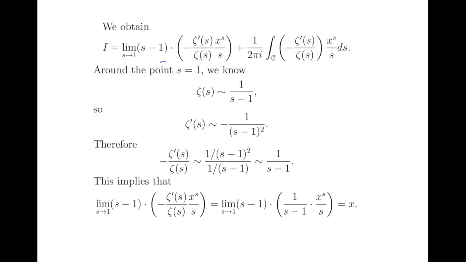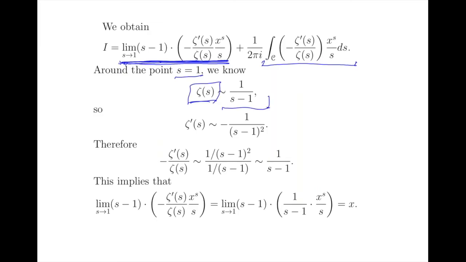So I should be the residue coming from the point s equal 1 plus the remaining integral. At s equal 1, we know zeta(s) has a singular point, which means zeta(s) is asymptotically equal to 1 over s minus 1.